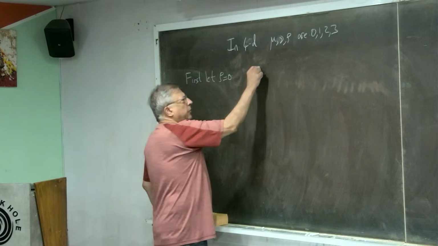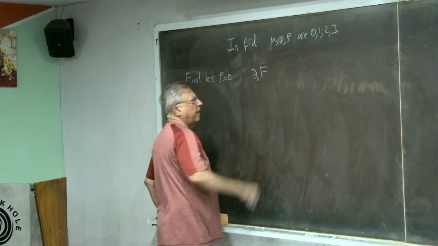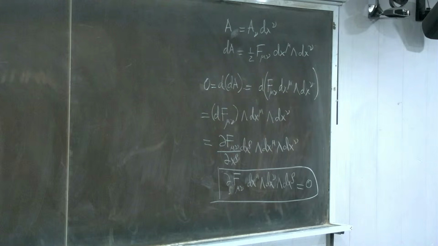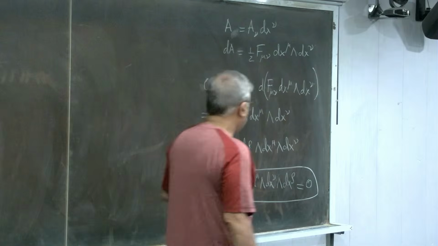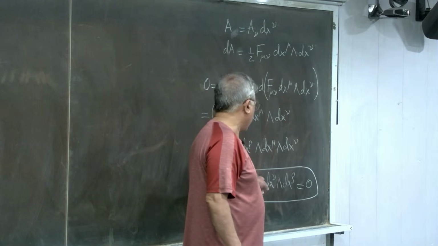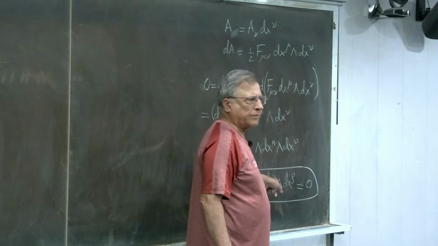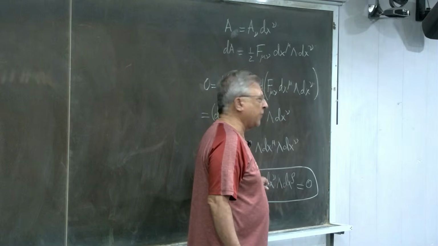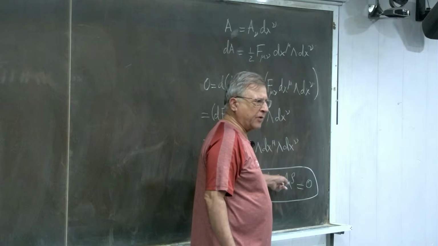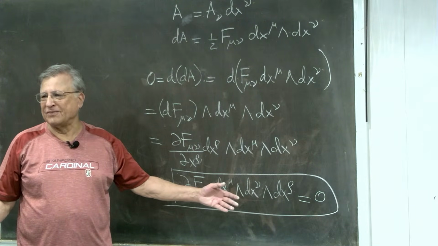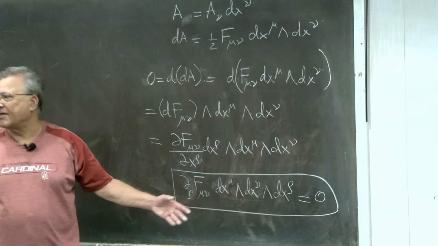d0. Tell me what mu and nu can be now. You see, if rho is 0, then mu or nu cannot be 0. So this can be 1, 2, 3. This can be 1, 2, 3. And of course, they cannot be equal simultaneously.